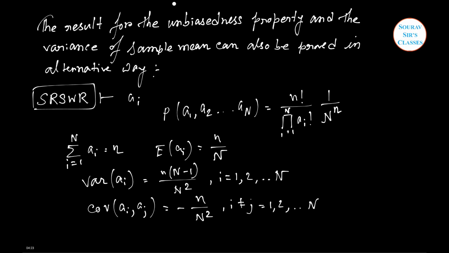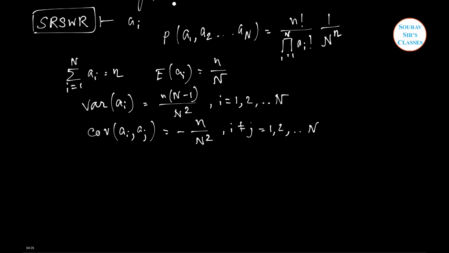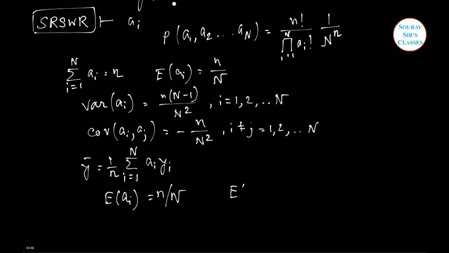Now we rewrite the sample mean y bar equals 1 by n summation of a_i y_i, i equals 1 to N. Hence, taking the expression of y bar and substituting the value of E(a_i) equals n by capital N, we obtain that E(y bar) equals capital Y bar.